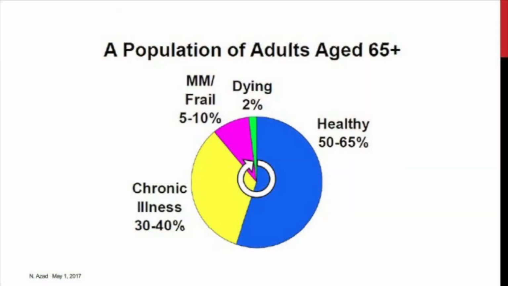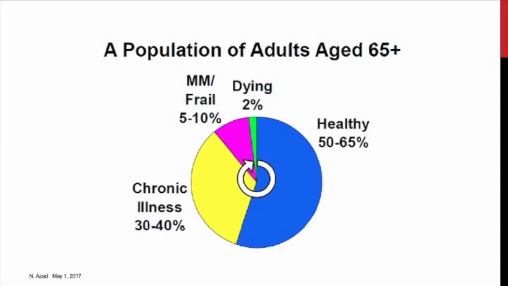If you take a cross-section of the society, the majority of them are over age 65. They're living quite reasonably healthy and well. But as they get older, they start to accumulate chronic illnesses, and these are the ones that are mostly looked at by specialists.